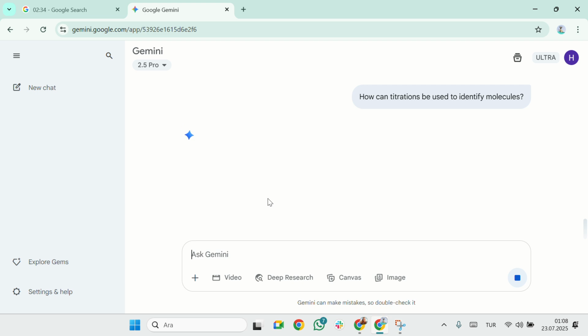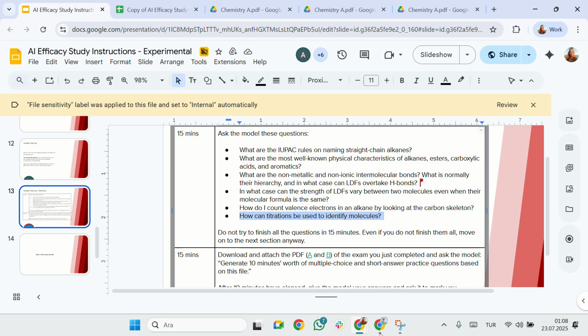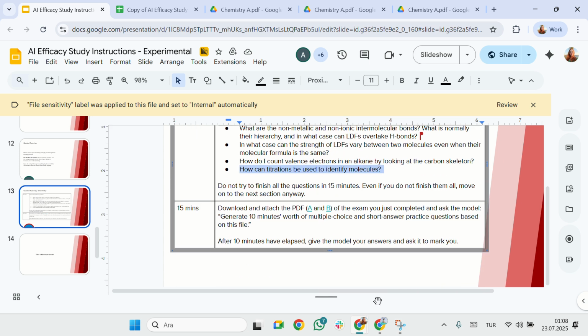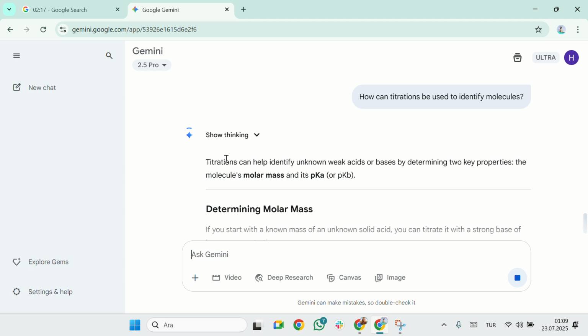How can titrations be used to identify molecules? Titrations can help identify unknown weak acids or bases by determining two key properties: the molecule's molar mass and its pKa.